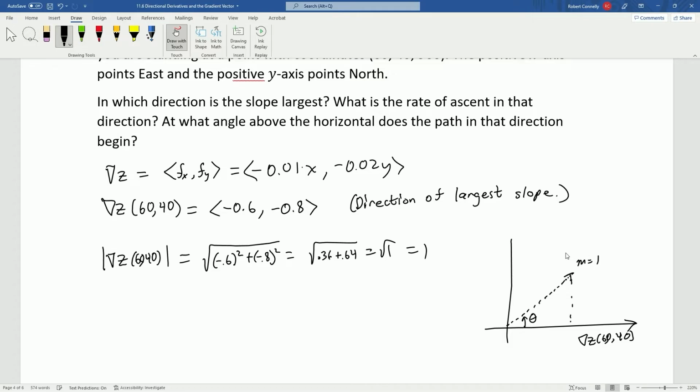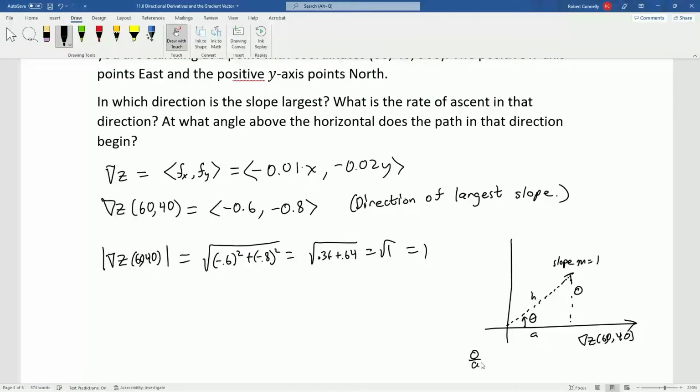So the slope is equal to 1. So if the slope is 1, that means we'll call this opposite and hypotenuse and adjacent. So what do we know? Well, the slope is 1, so opposite and adjacent divided by each other are 1.